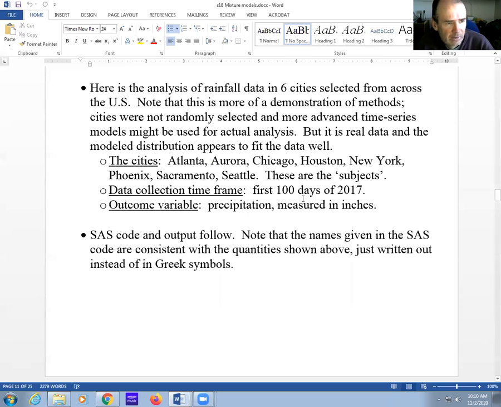It's a surprisingly large city. I picked it because that's where Anschutz is, so it gives us a nice comparison. We have 8 cities, and I looked at the first 100 days of 2017 and got the rainfall amounts for these cities over those days. It's actually precipitation, so it probably includes snow in some of these cities, like Aurora and New York at least.